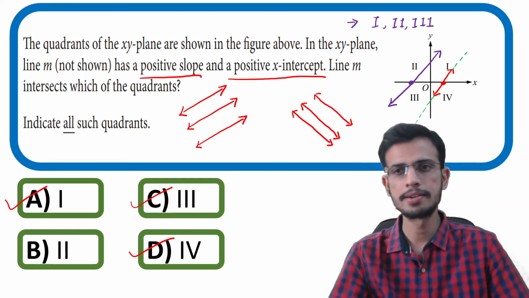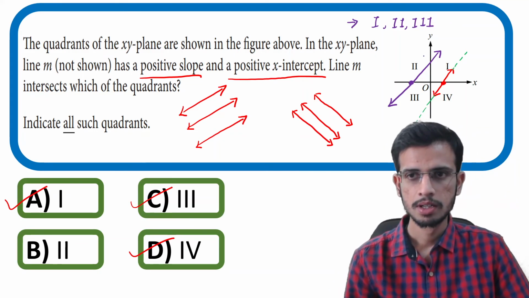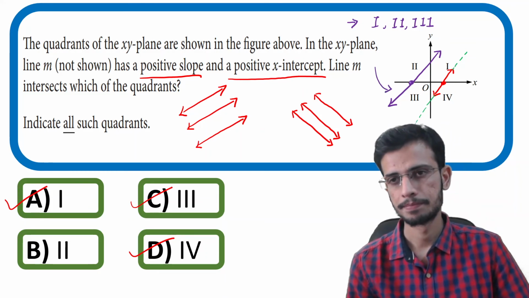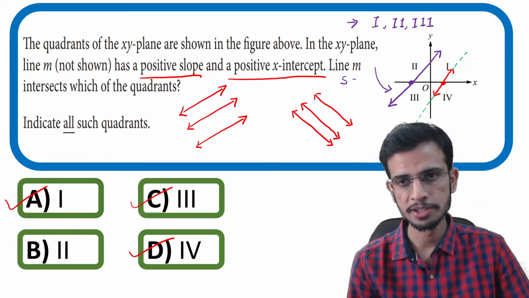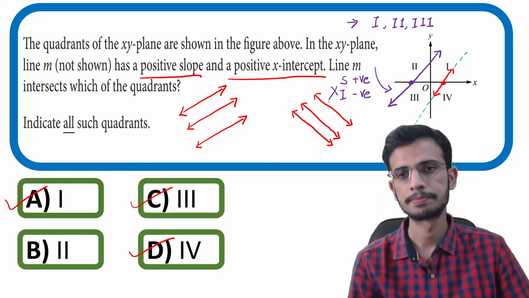First, second and third quadrant. If slope is positive and is having negative x-intercept, positive slope and intercept negative, x-intercept negative, right?